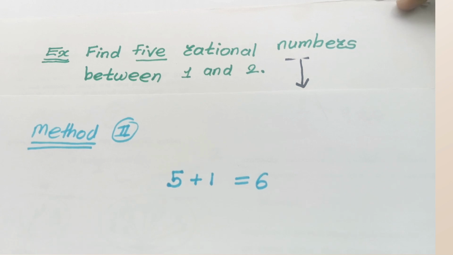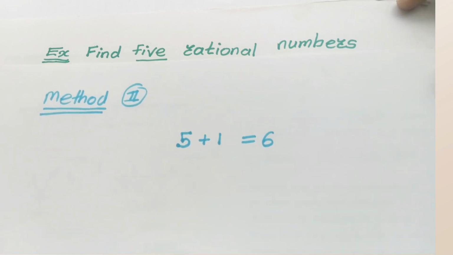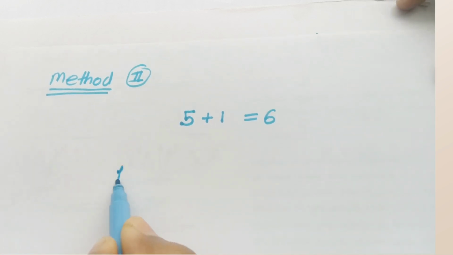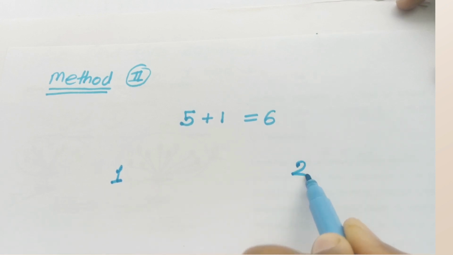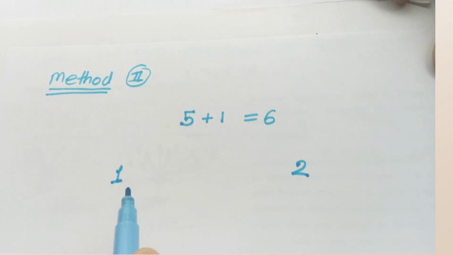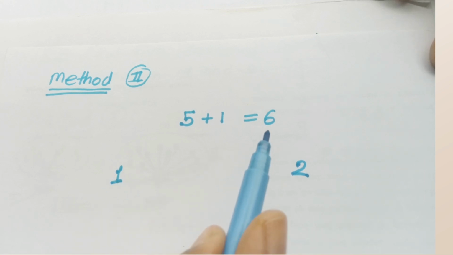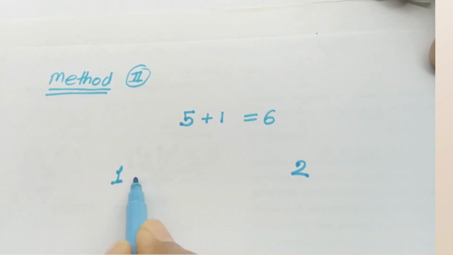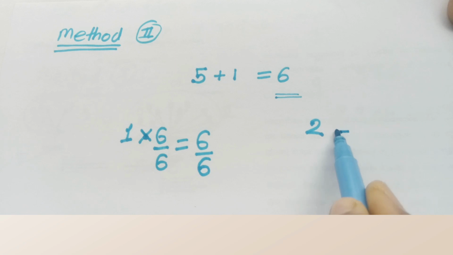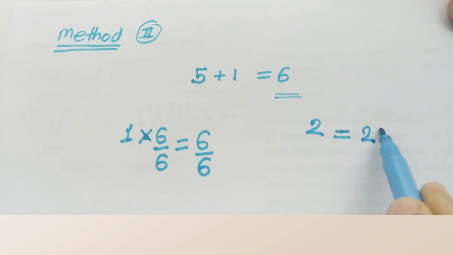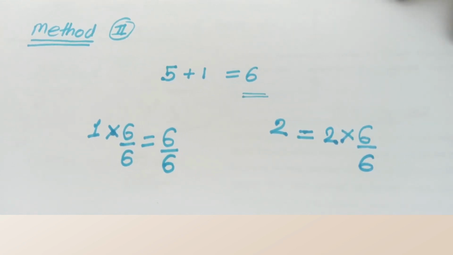In the second step, we want to find the rational numbers which lie between 1 and 2. So here you write 1 and here 2. Now we have to convert these to have base 6, so I am multiplying and dividing by 6. So again, the number 2 you write as it is, and multiply and divide by 6.